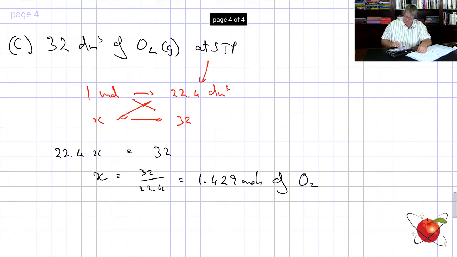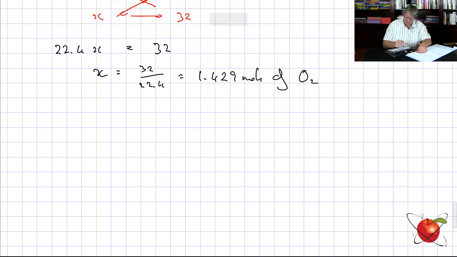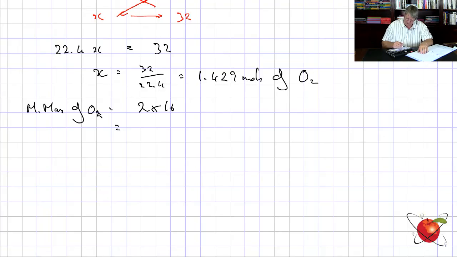Now, we don't want moles, we want mass. So we've got to go for the molecular mass of O2, which is 2 times 16. Please don't forget that. A lot of students forget that too. It's diatomic. Oxygen on its own in the element table is 16, and we've got 2 of them, so it's 32 grams per mole.